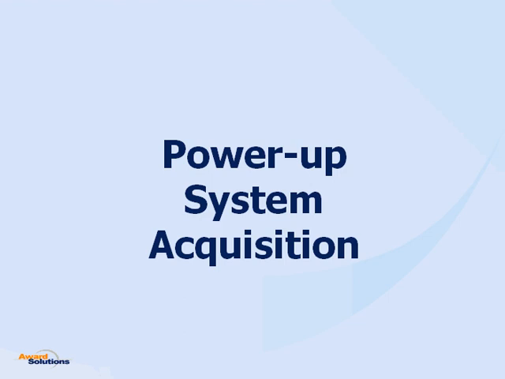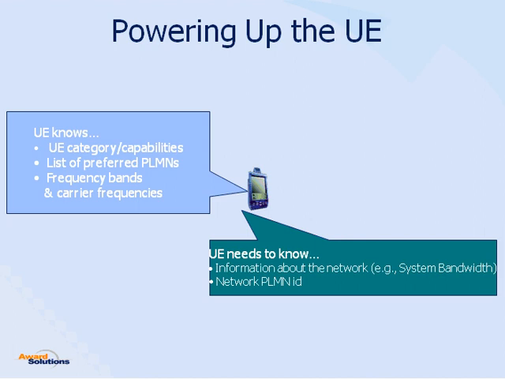So the first topic today is system acquisition. Let's take a look at that. Basically our user equipment, we are turning its power on. At that time, what does the UE know?